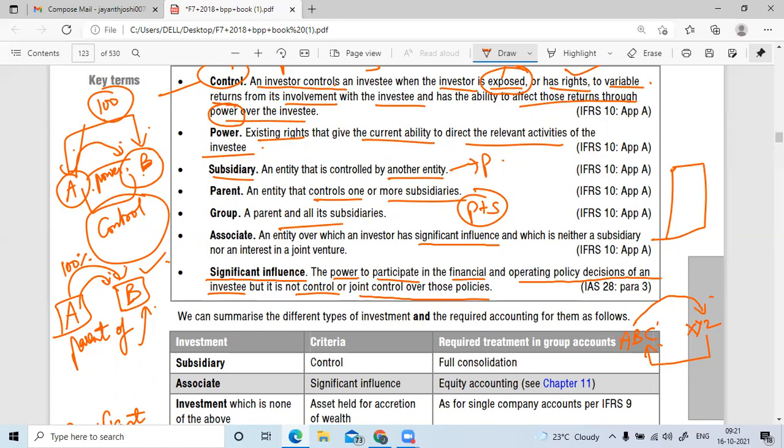But they cannot enforce those decisions on XYZ, because they don't have control over XYZ. Got my point? Yes, sir. Very simple. ABC can just participate in the decision making process, but cannot force XYZ to follow what they have decided. That's it. We are very clear with all these structures.